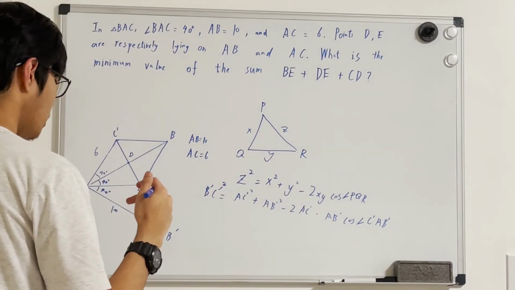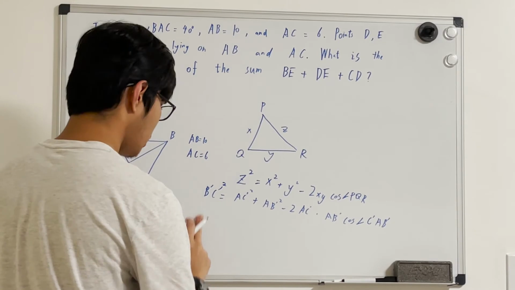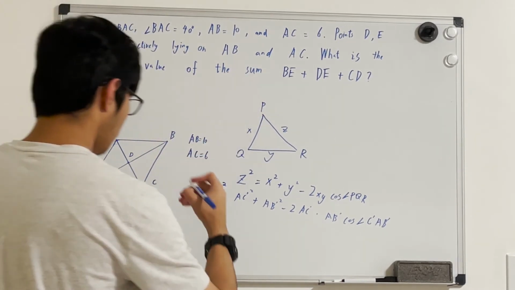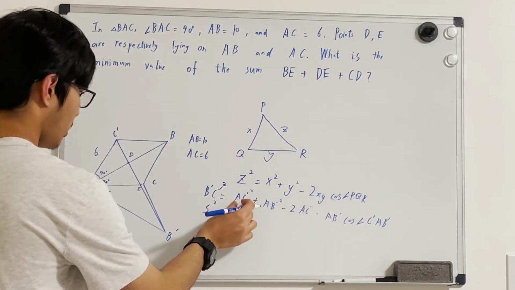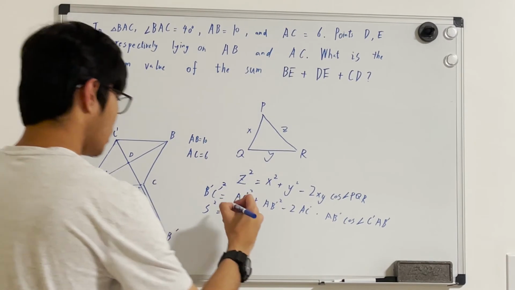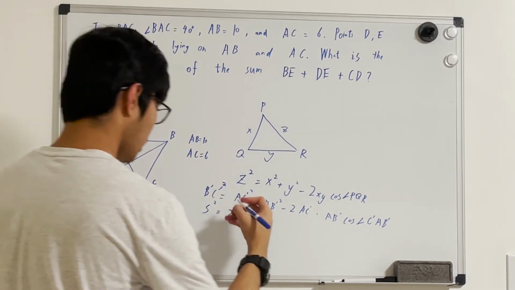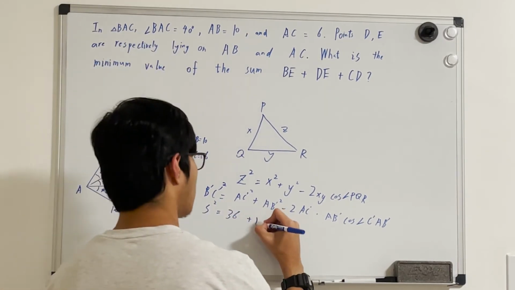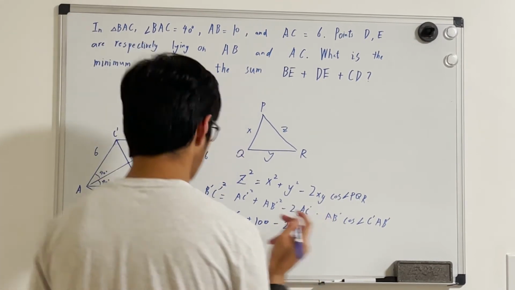Let's substitute the numbers in. This should be the unknown number. Let me change it to something easier to write. Okay, this is a sum, right? Let me use S because it's a sum. And AC prime squared is 36, like 6 squared. AB prime is 10, so 10 squared is 100. 2, this is still 2.